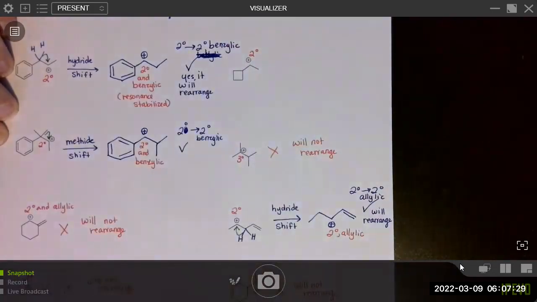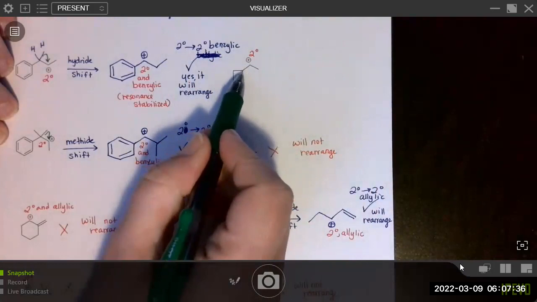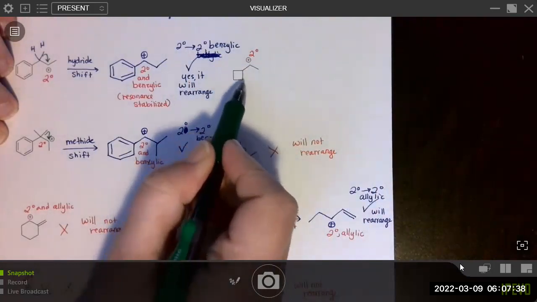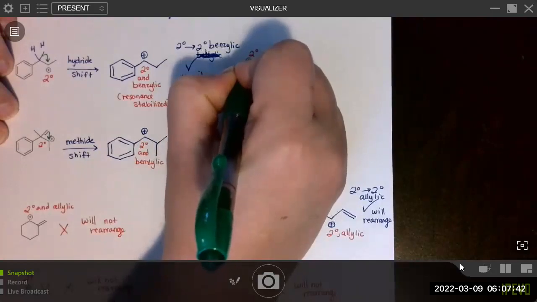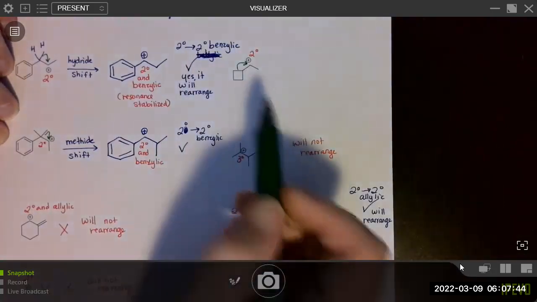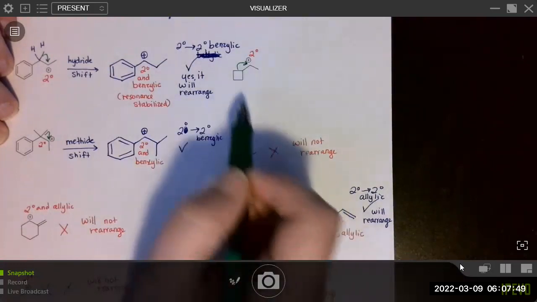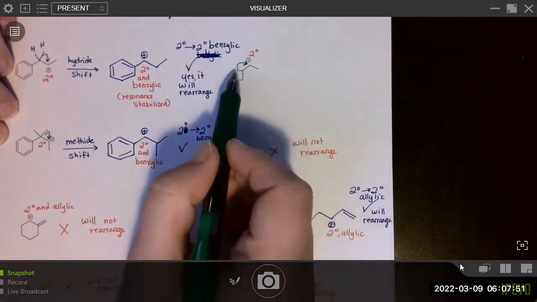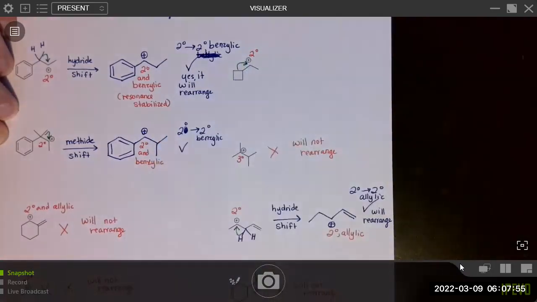What we can actually do is what's called a ring expansion. We can take one of these 2 carbons that are in the ring and shift it over. So for example, I can do what's sort of equivalent to a methyl or methide shift, except it's not a methyl because it's part of a ring, right? But it's still a carbon anion that's shifting.